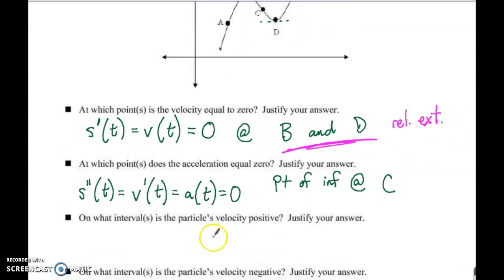So there's multiple points then where the particle's velocity is positive.